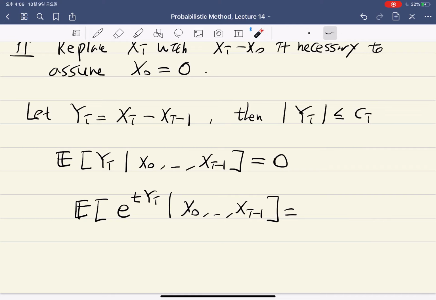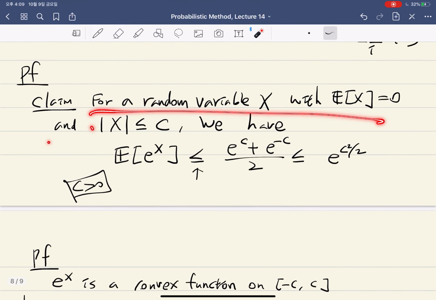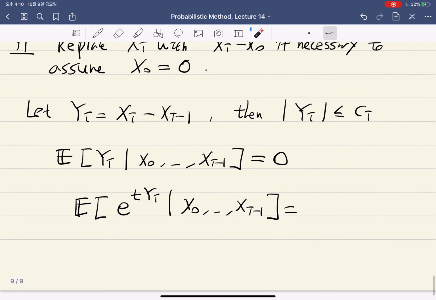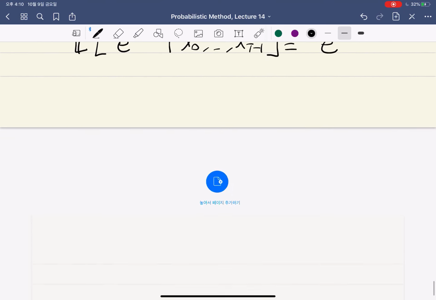So this is a random variable. So assuming this, now you consider that, and that's our random variable in this claim, because its expectation is 0 and it never deviates more than ci. So this is at most e to the t squared ci squared over 2. The value t will be determined later, but we have this inequality.